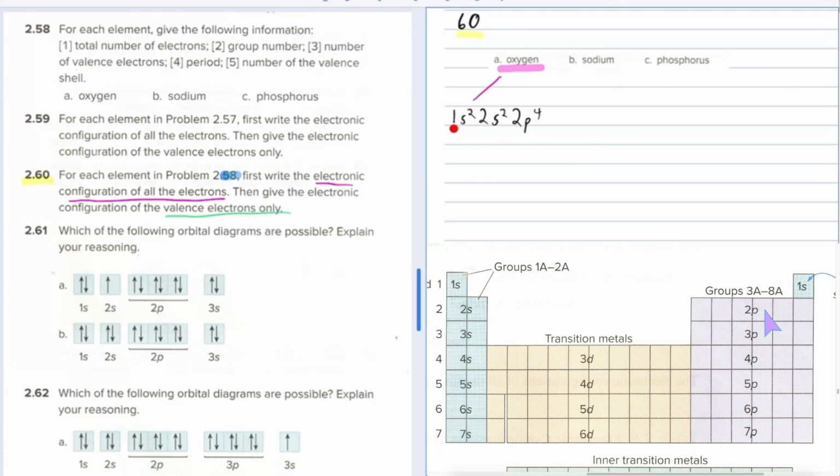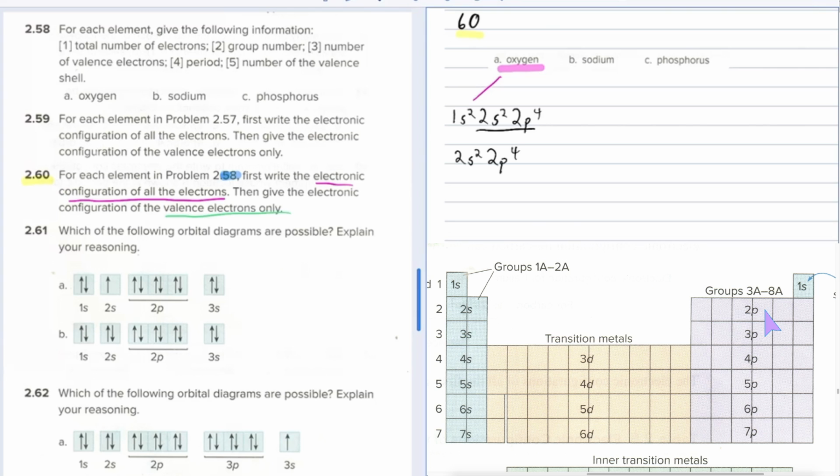So you got energy level 1 and then energy level 2 right here. So let's underline the valence electrons, and there they are. So if you want the electron configuration of just the valence electrons, it would be simply 2s2, 2p4.